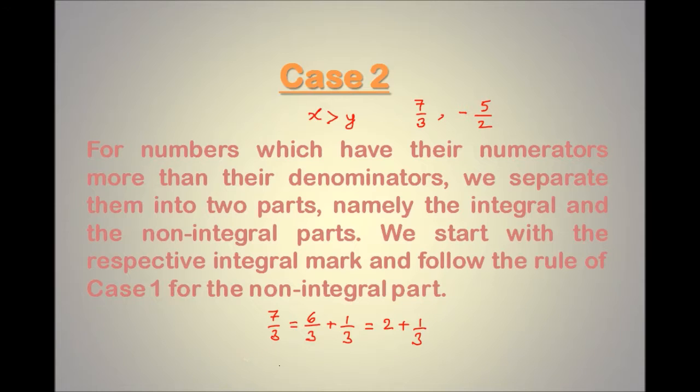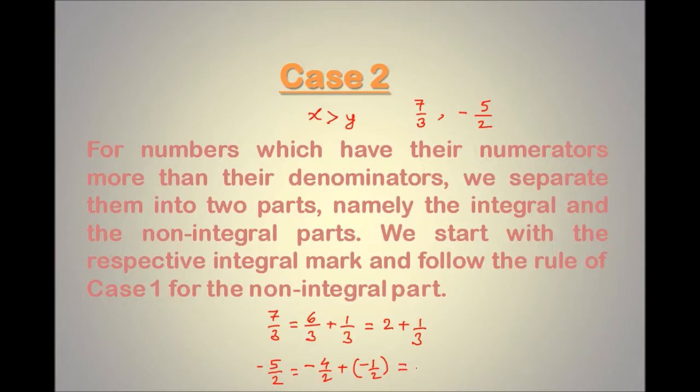Similarly, we can separate 5 by 2. 5 by 2, it is a minus in front. So minus 5 by 2 will be equal to minus 4 by 2 plus minus 1 by 2. And what is minus 4 by 2?